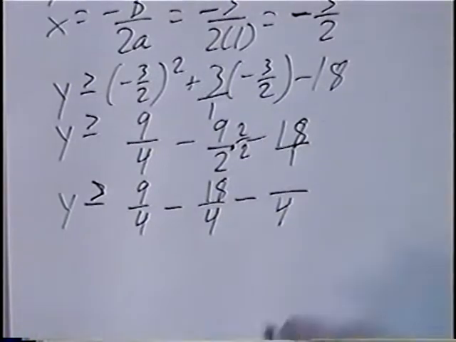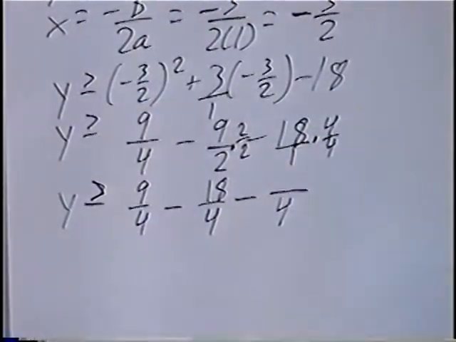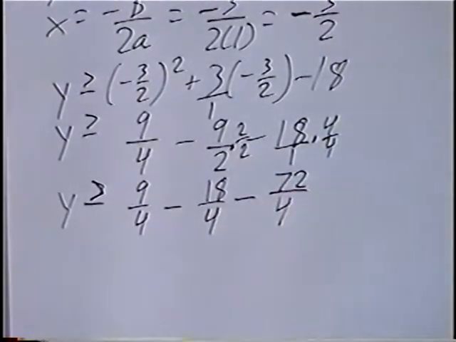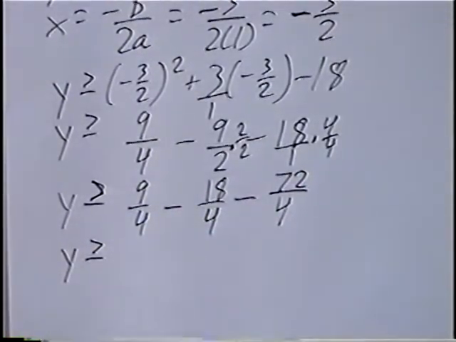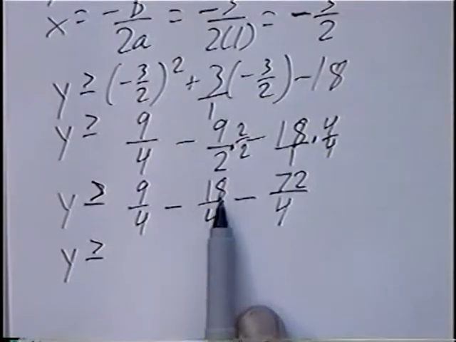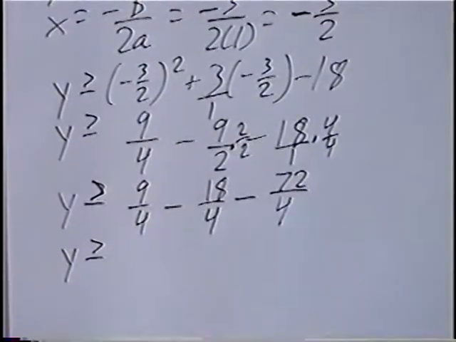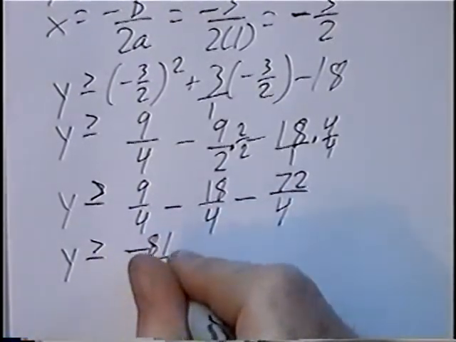If we have 18 over 1, we can multiply numerator and denominator by 4. And that would give us negative 72 over 4. Simplifying, y is greater than or equal to 9 minus 18 would be negative 9, and negative 9 minus 72 would be negative 81 over 4.